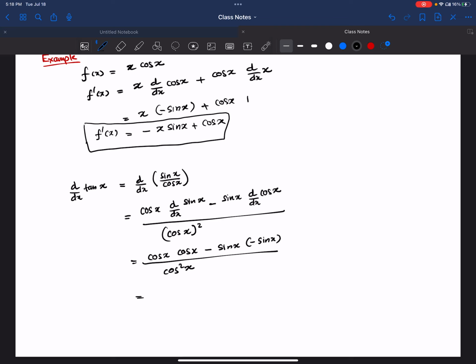Now in the numerator you have cosine squared x plus sine squared x, divided by cosine squared x. So this is equal to 1 over cosine squared x. That means secant squared x, which is d over dx tangent x.